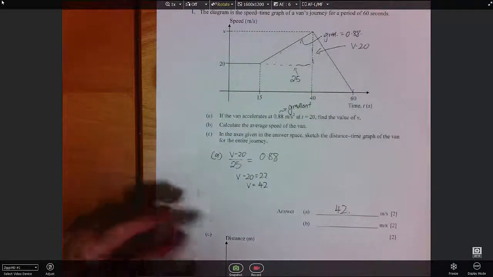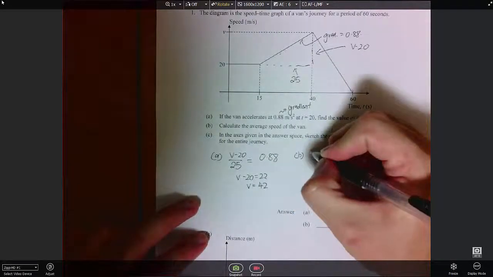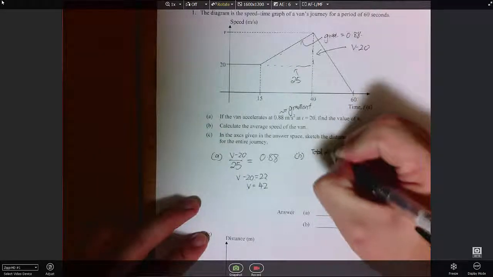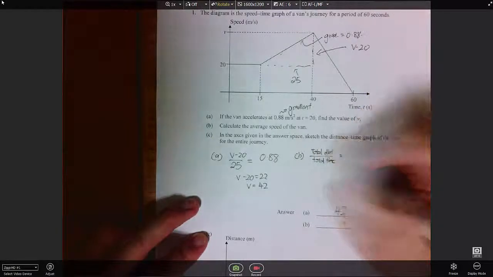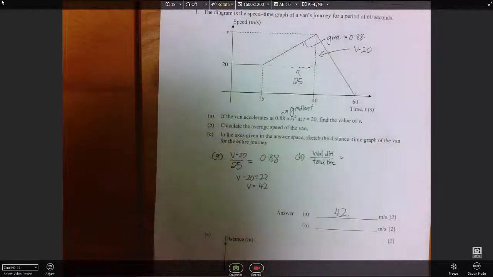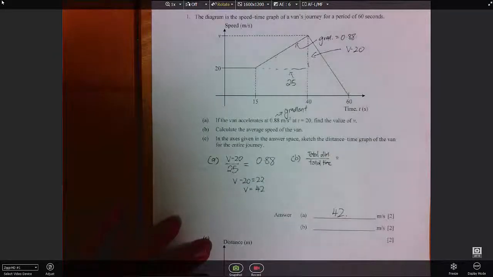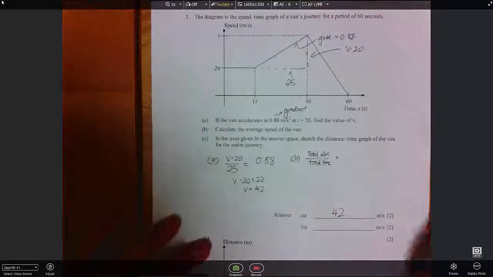Next part. Calculate the average speed of the van. Average speed will be total distance over total time. So let me write that. Okay, total distance traveled, we have to do it step by step here. Total distance from a speed-time graph can be obtained by finding the area underneath the graph.